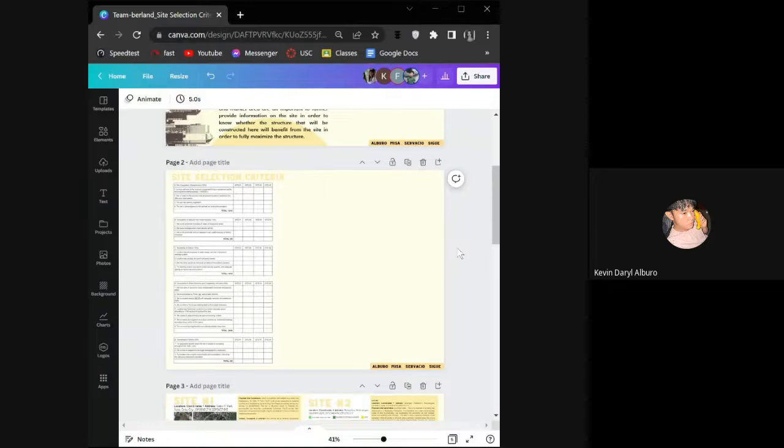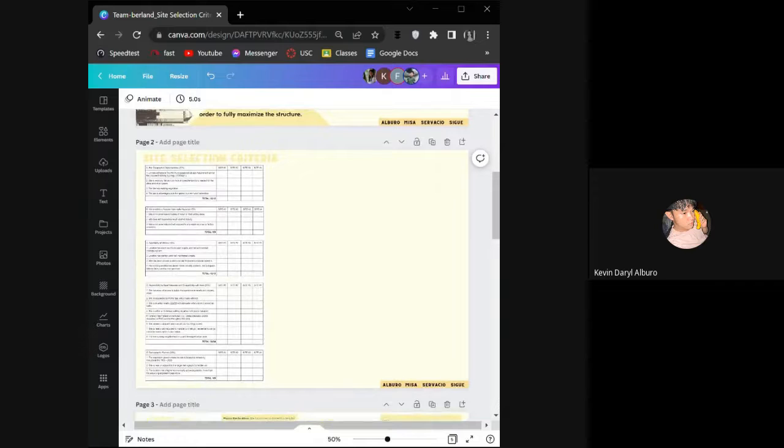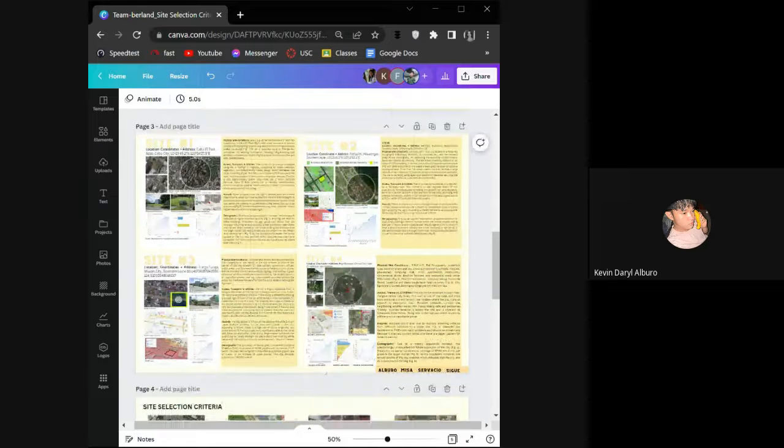Hello. This slide is the site selection criteria. We were supposed to put descriptions for each of the criteria, but we're currently revising the description for each, so we didn't put the description. Next slide, please. Here are the sites that each of us selected.